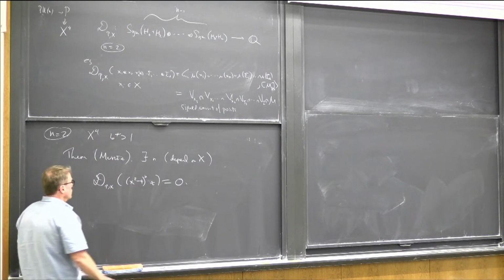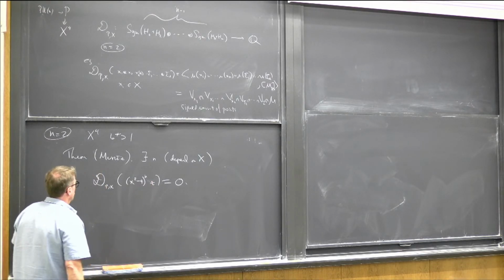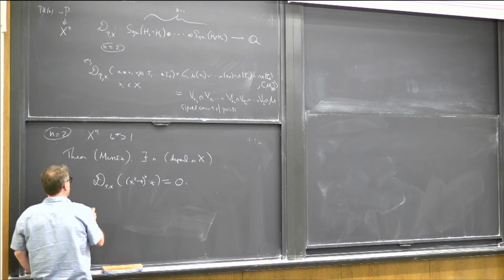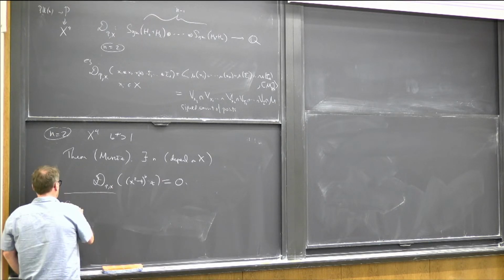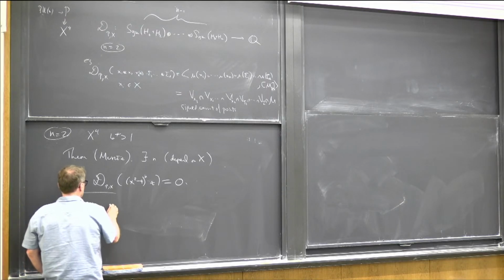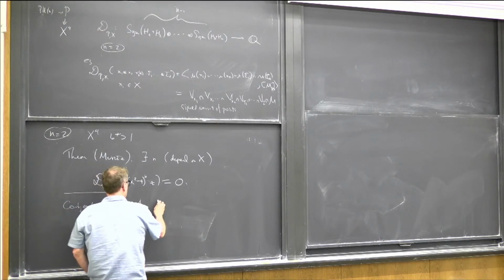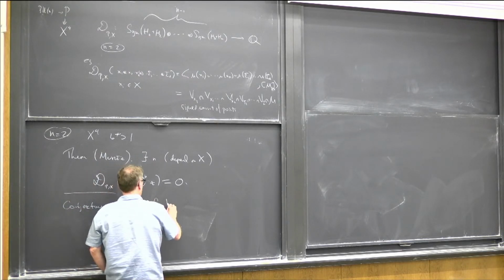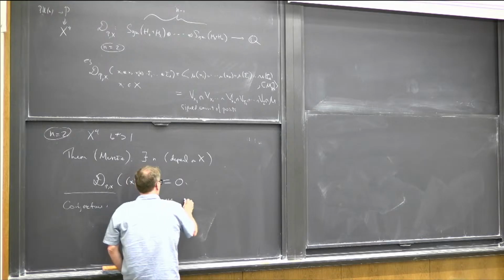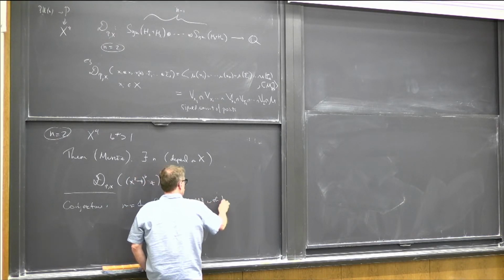Okay, so this is an interesting number to understand about a 4-manifold, and the conjecture is that actually n equals 1 for all 4-manifolds with b plus bigger than 1.